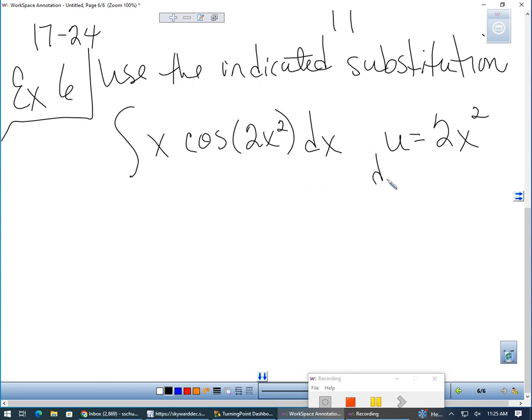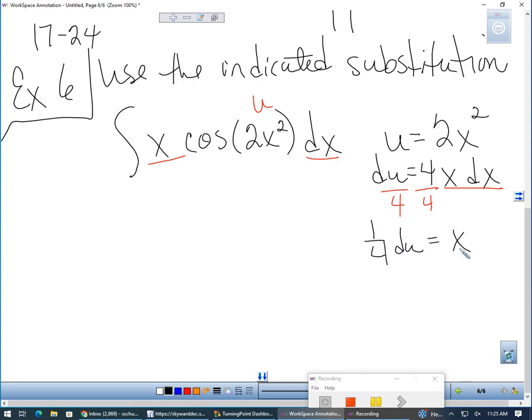So my du, of course, is going to be 4x dx, right? Well, you'll notice over here, this becomes my u, but I only have an x dx. I only want the x dx. What am I going to do with that 4? Divide by 4 on both sides. So I'm going to have 1/4 du equals x dx.